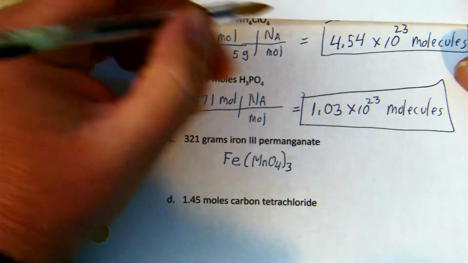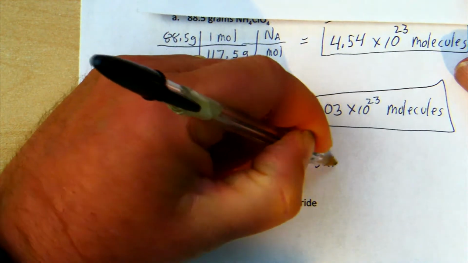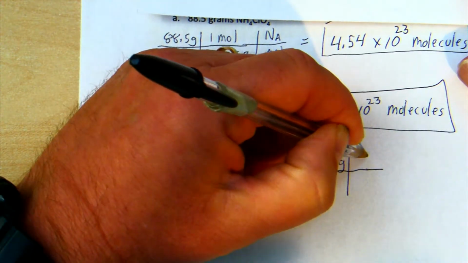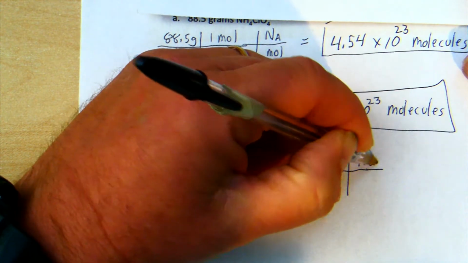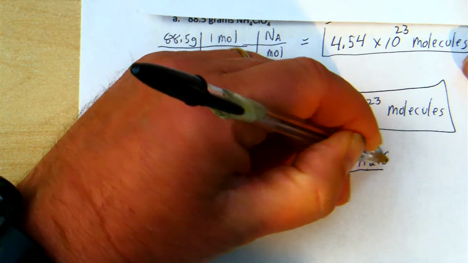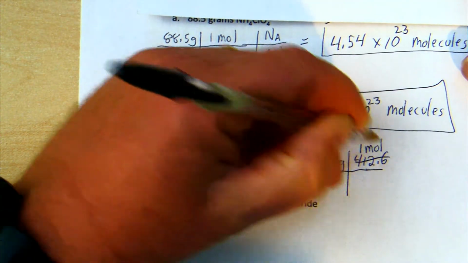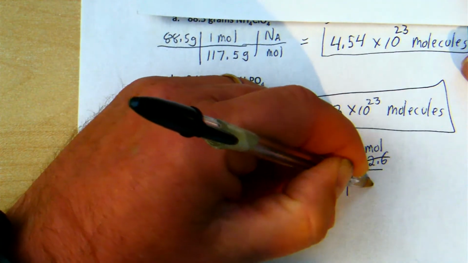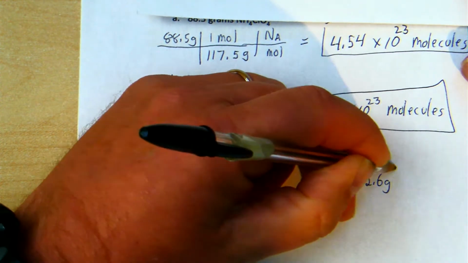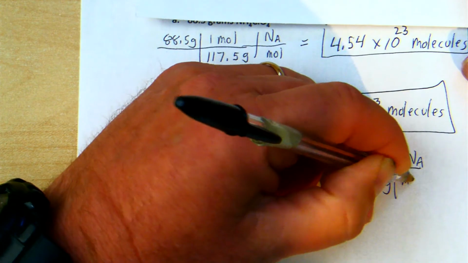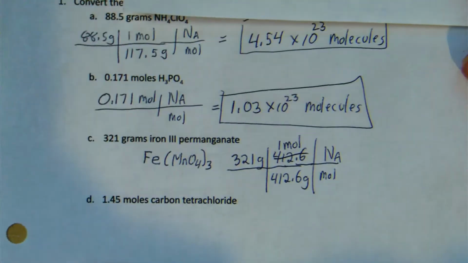grams per mole. So if I go 321 grams times 1 mole for every 412.6 grams, then multiply that by Avogadro's number per mole.